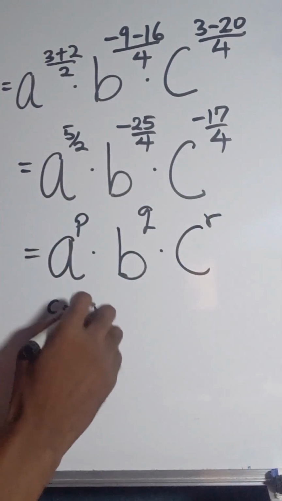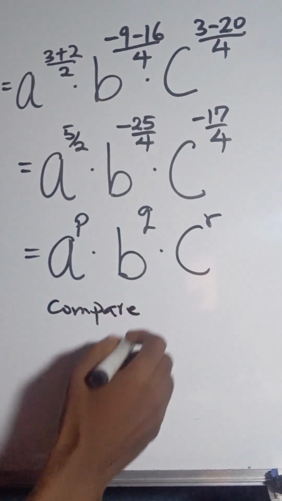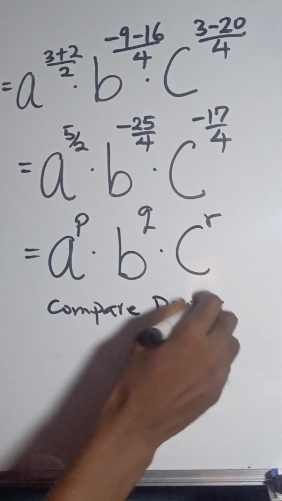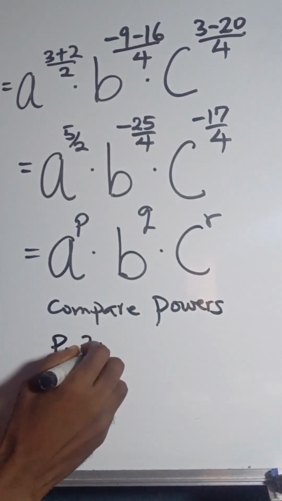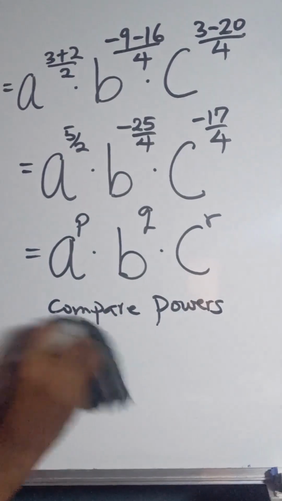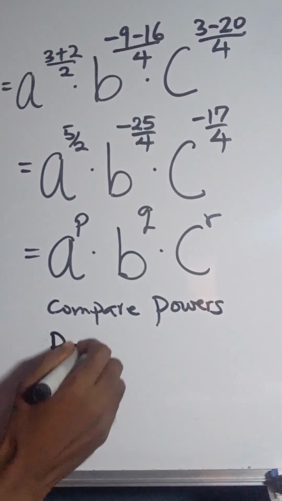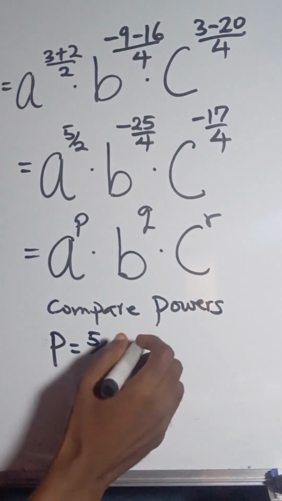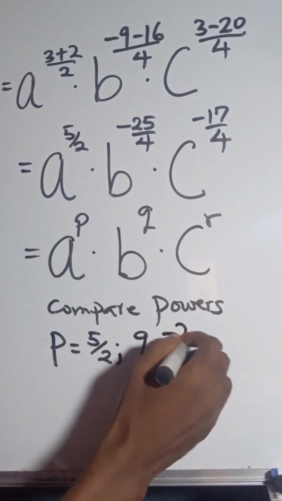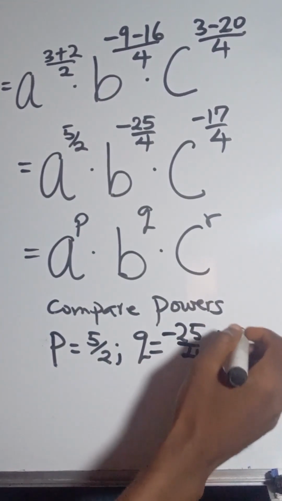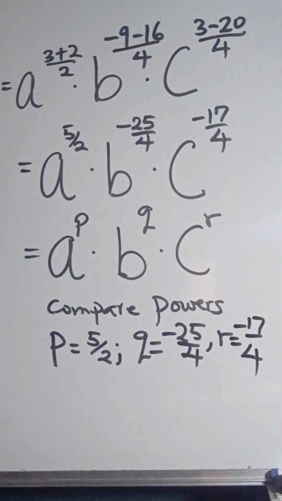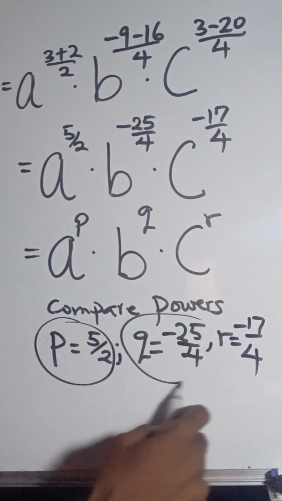So if we compare powers, p gives us, okay, p gives us 5 over 2. q gives us minus 25 over 4. And r gives us minus 17 over 4. But what we need in the equation is simply p and q.